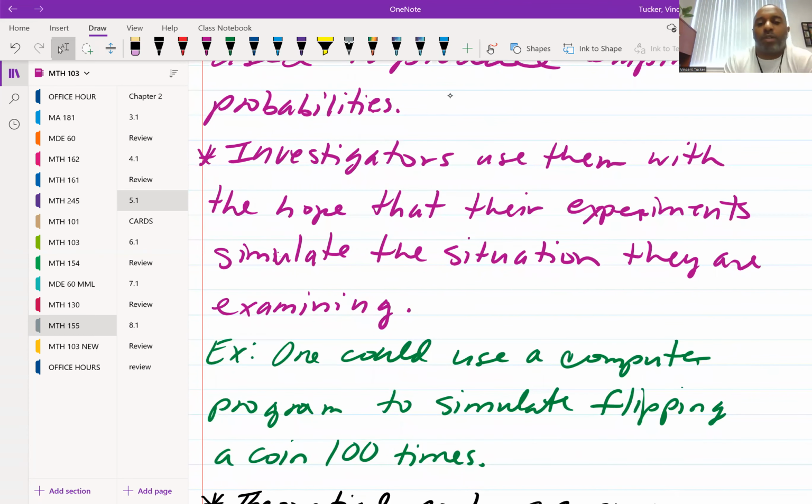So, an example of that, one could use a computer program to simulate flipping a coin 100 times.